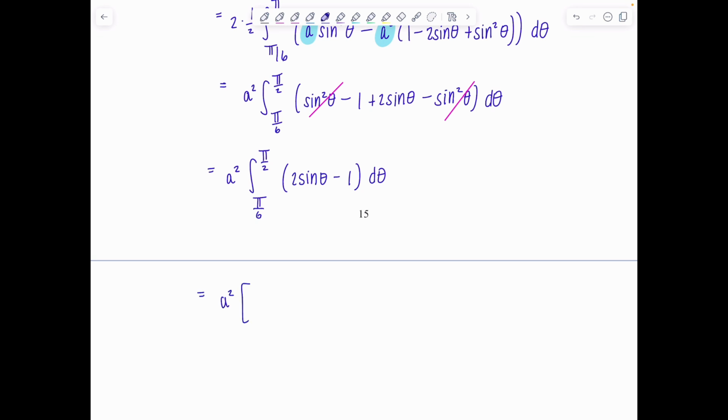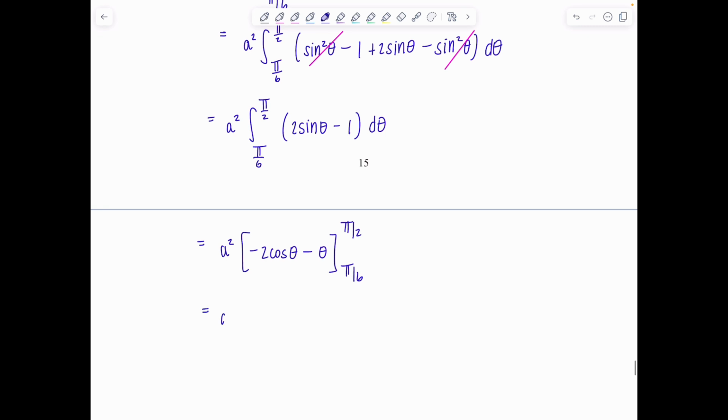A squared times antiderivative of 2 sine theta would be negative 2 cosine theta. And then this is just minus theta, pi over 6 to pi over 2.